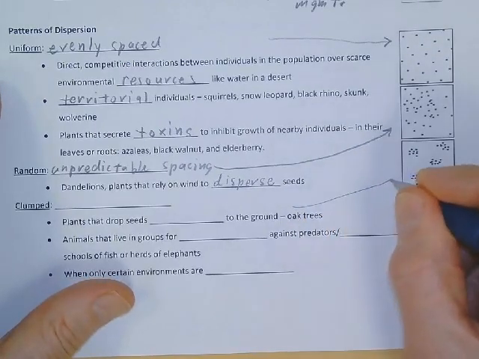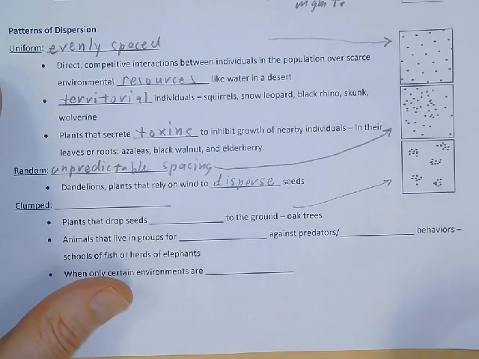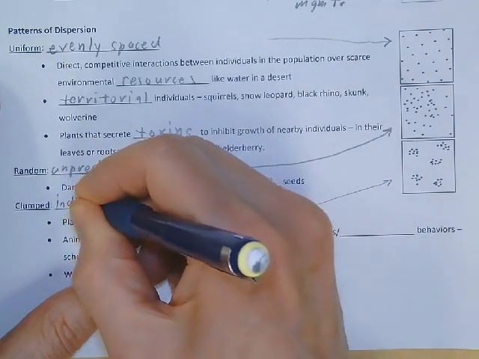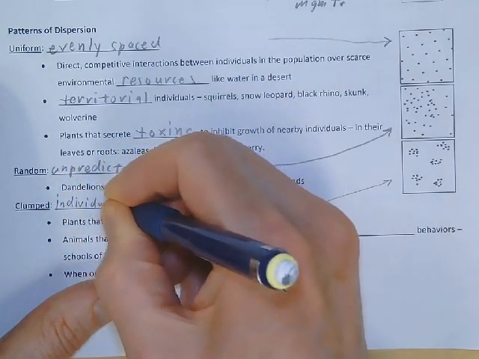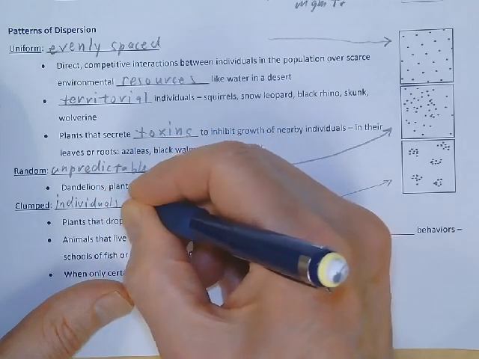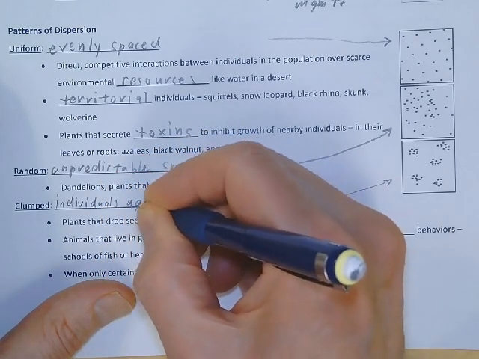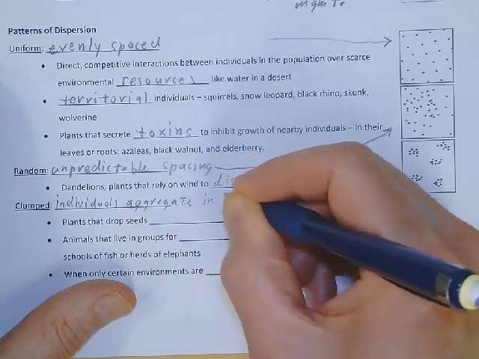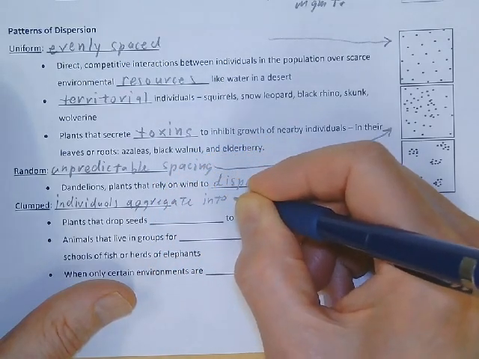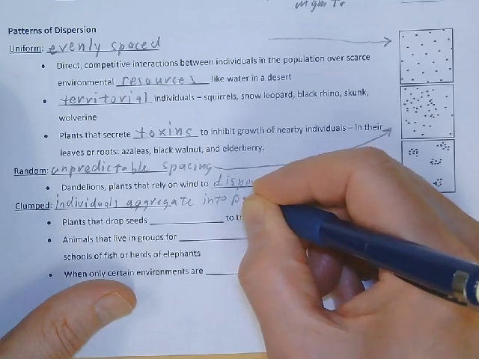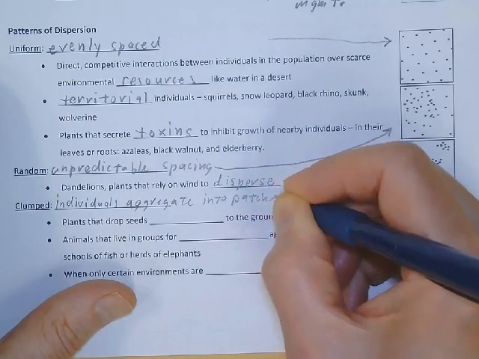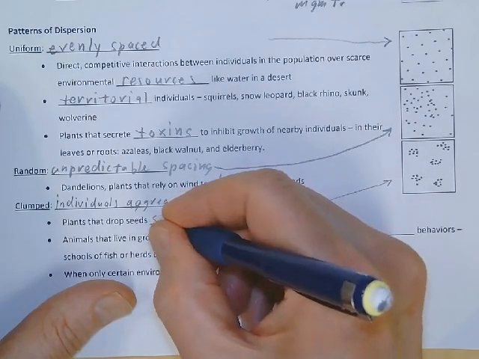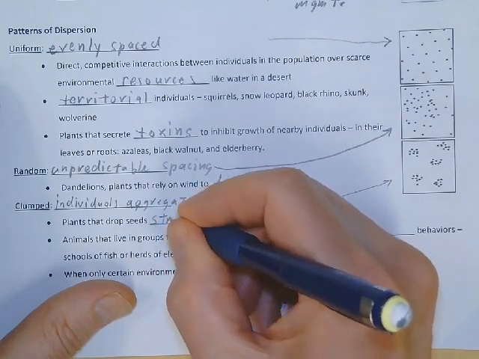The last sort of distribution is called clumped. And here individuals aggregate into patterns or patches. Several reasons for that. Could be plants that are dropping seeds straight onto the ground.